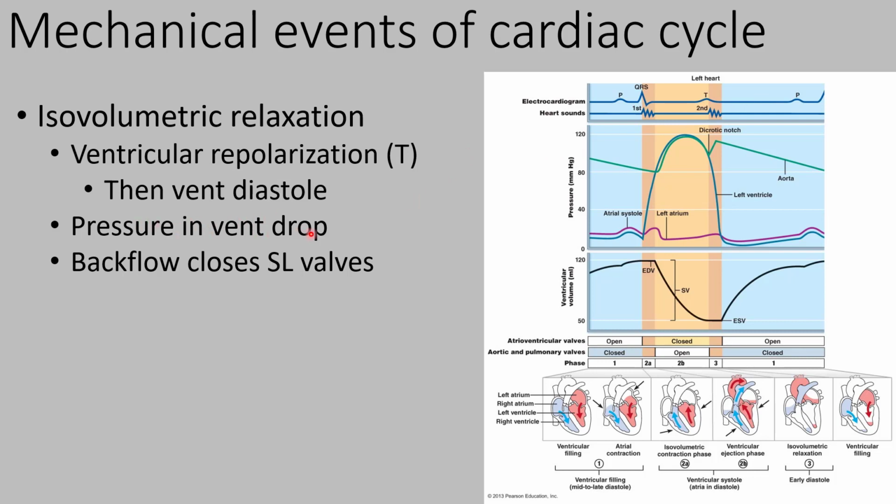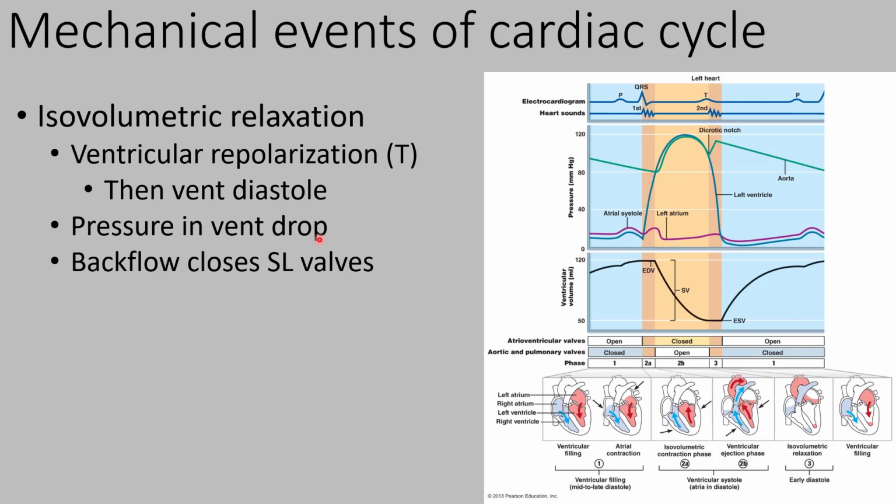The pressure inside of them is going to drop. So pressure in them is now dropping lower and lower, and at the moment that the pressure in the ventricles is lower than the pressure of the pulmonary trunk on the right side or aorta on the left side, blood is going to try to backflow into those ventricles.